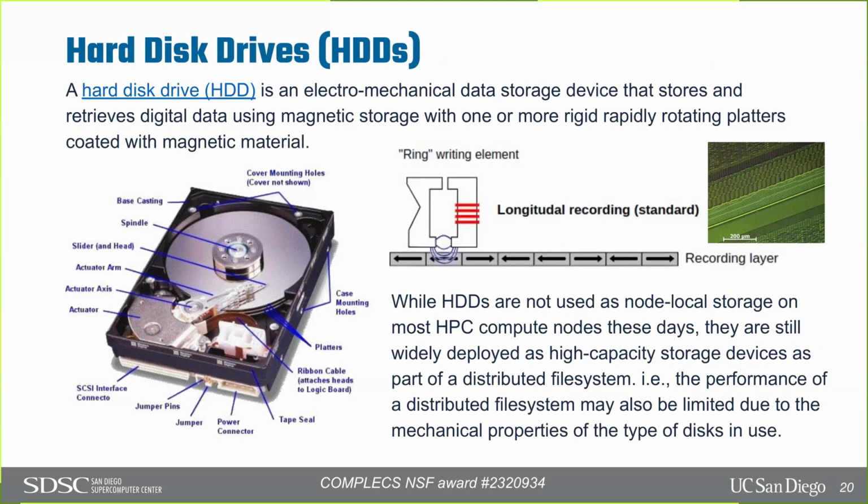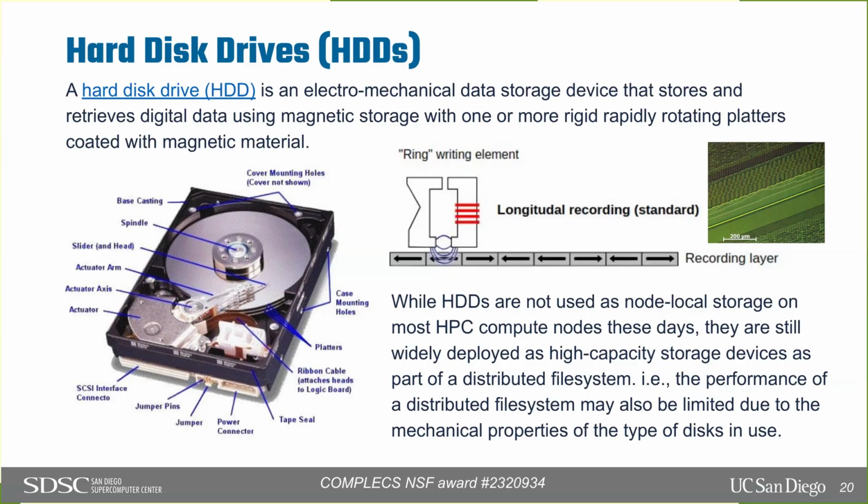So for a long time, hard disk drives, these electromechanical storage devices, were the main non-volatile storage used in every personal computer, and even in high performance computing compute nodes. They're not used so much anymore on individual compute nodes as what we call node local storage.